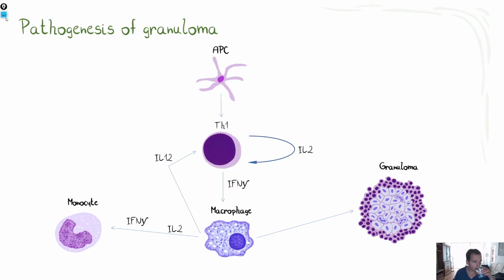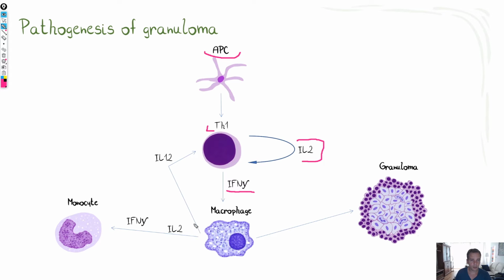A typical example is sarcoidosis. We are not sure what the etiopathogenesis of sarcoidosis is. So basically, the Th1 lymphocyte is stimulated by antigen presenting cells that present some sort of antigen to the Th1 lymphocyte, and the lymphocyte first has some capacity of autocrine stimulation by various cytokines, for example interleukin 2, and also, and mainly, the Th1 lymphocytes produce interferon gamma. And interferon gamma is the cytokine that stimulates macrophages. So the macrophage is stimulated, and the macrophage does multiple things.